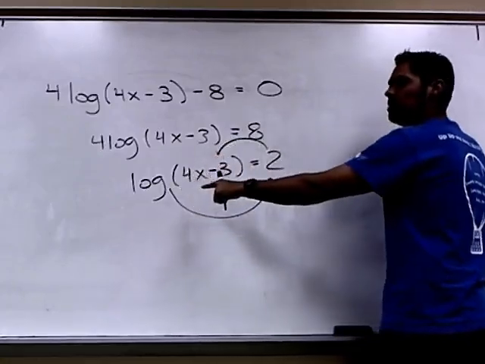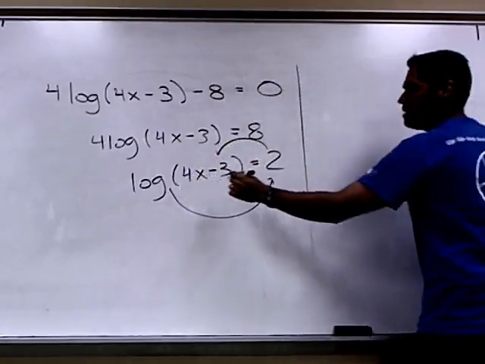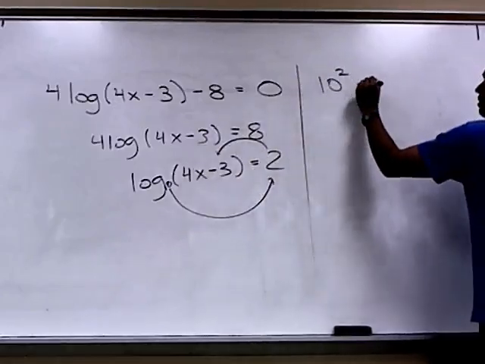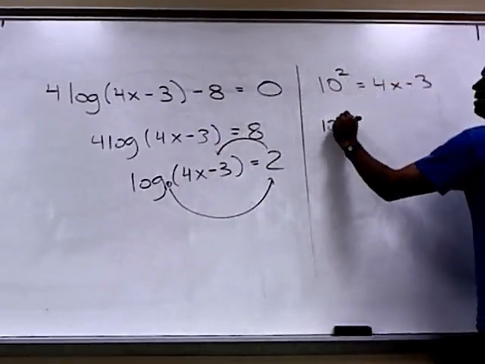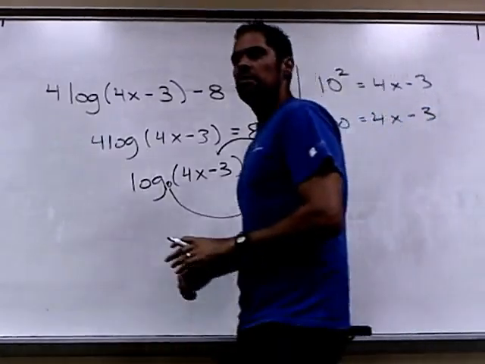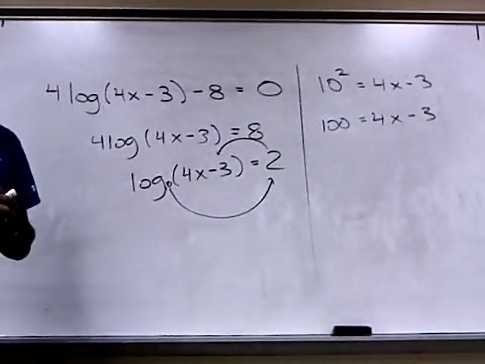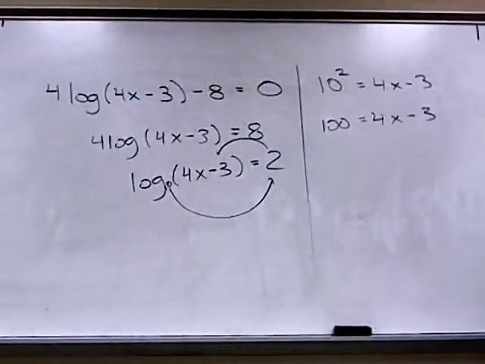But what's the base? 10. So since that's base 10, it's 10 squared, right? Not 10 times 2. And then that's 100 equals 4x minus 3. And then you just add 3, 103, divide by 4, 25.75. Okay? Does that seem okay?